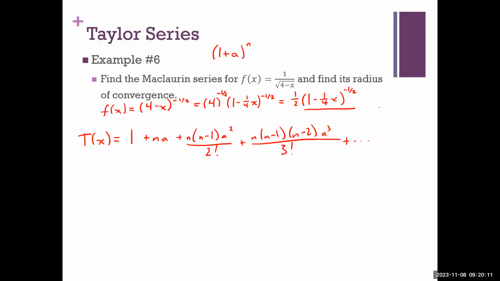We're trying to do something very specific. So let's identify what n is and what a is. For our example, what is n? -1/2. What's our a? -1/4 x. So as long as you identify those things, we're okay.